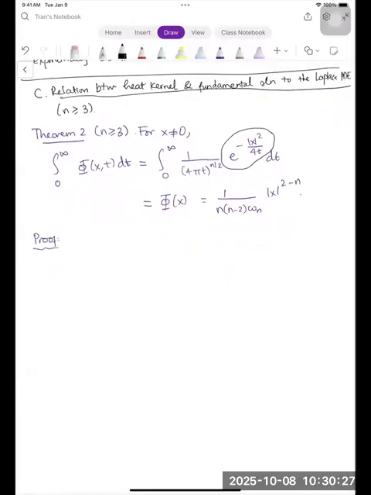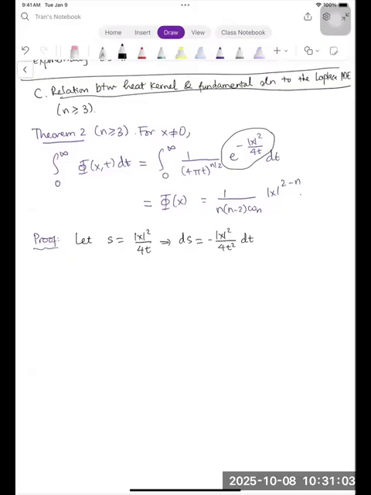The change of variable is simply to let s equal x squared over 4t, so that I have the integral of e to the minus s, just that. In this case, I would have ds equal to minus x squared over 4t squared dt, just that. Let me write out two things here, because I did this in class last time, but it was in a hurry.